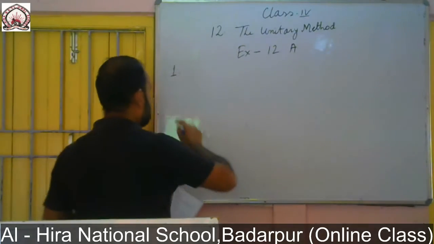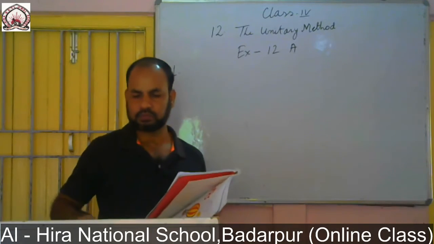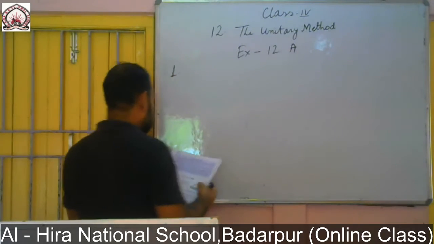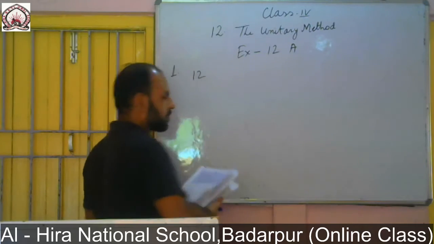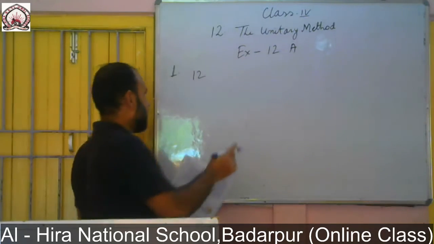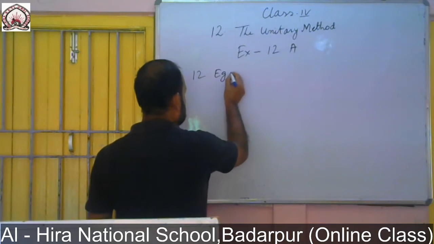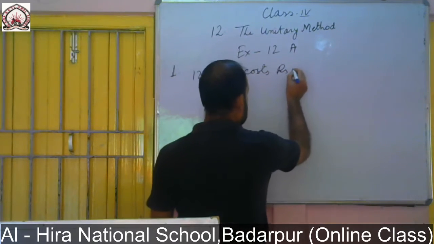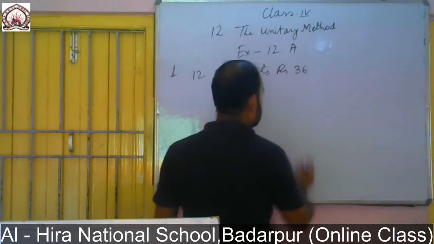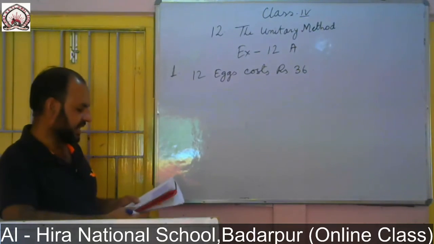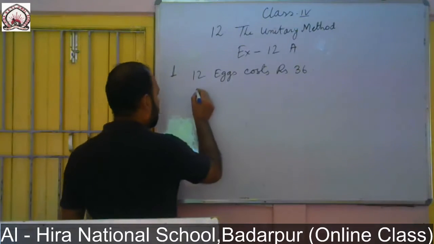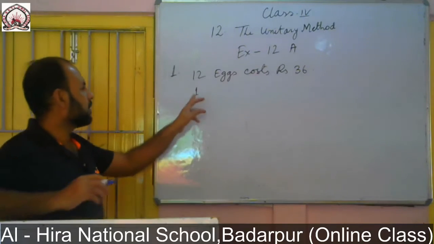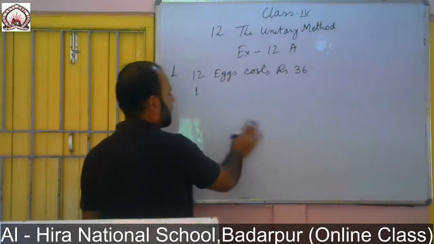So question number 1. We know 1 dozen equals 12. 12 eggs cost rupees 36. First we take out 1 according to the unitary method. First we take out the unit by dividing.